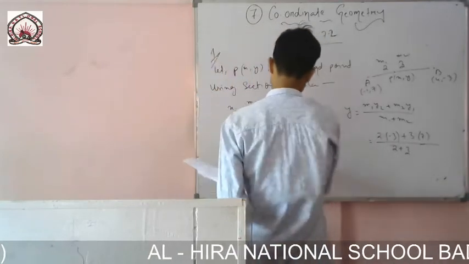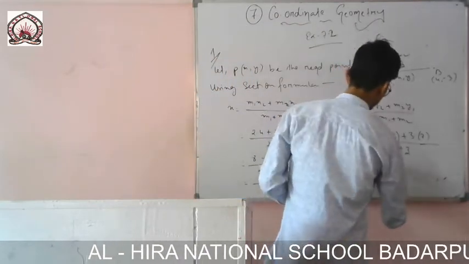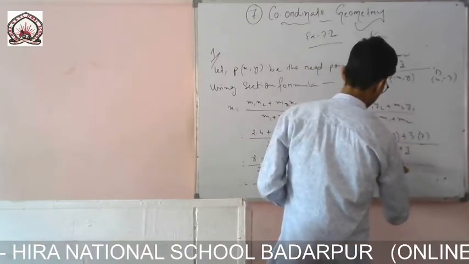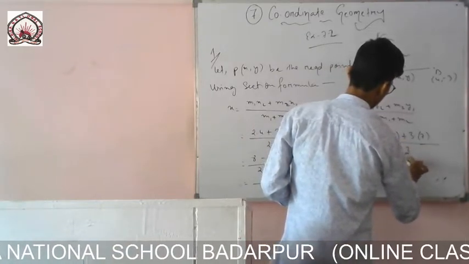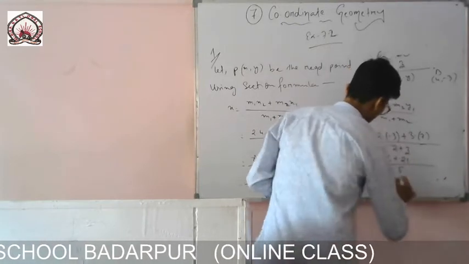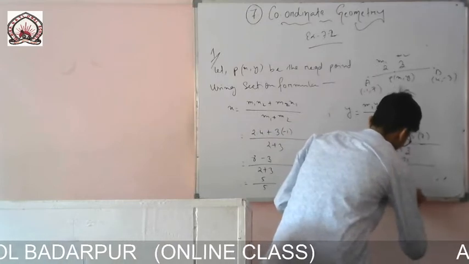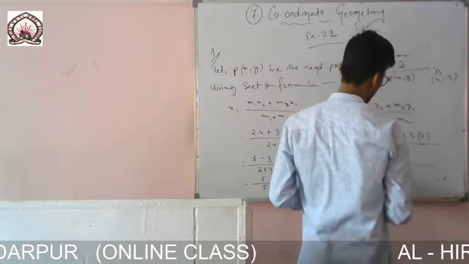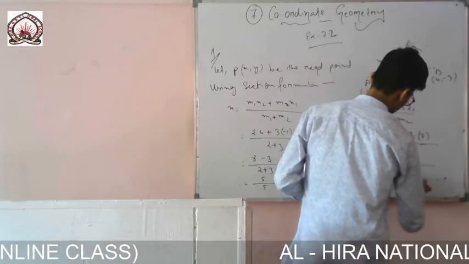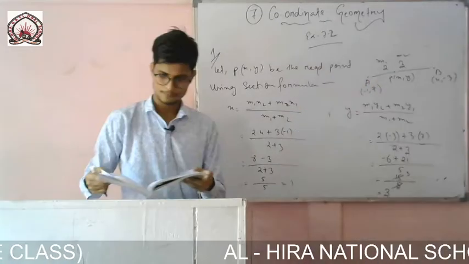So for the x coordinate the value is 1, and for the y coordinate it will be 3 2s are 6, so minus 6 plus 7 3s are 21, and 3 plus 2 is 5, divided by 5. So 21 minus 6 is 15. So 5 3s are 15, so the value will be 3.